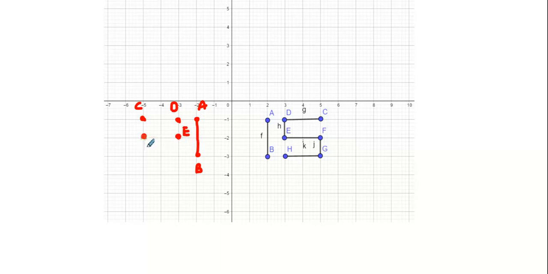F is 2 blocks to the right of E, so on the other side it'd be 2 blocks to the left. And then G, which will be at 5 as well, because it's 5 blocks away from the y-axis. And then H will be 3 blocks away from the y-axis. And once again, we got to link them up in the same manner. C goes to D, D goes to E, E goes to F, F goes to G, G goes to H. So we can see the reverse of that. 15 sort of turns into 21.